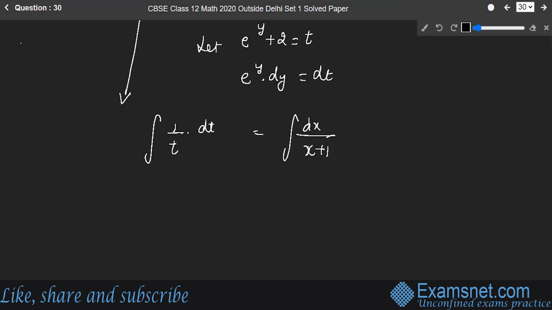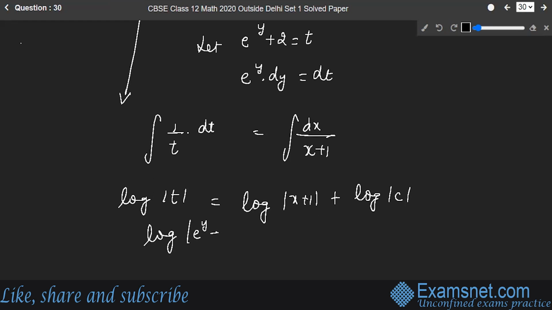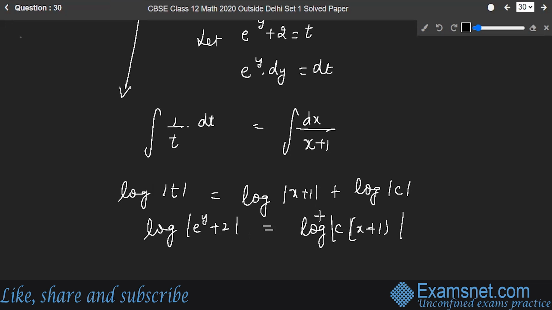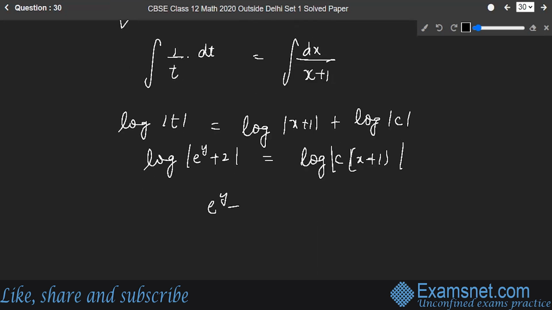So this is log t is equal to log x plus 1 plus log c, or log of e raised to power y plus 2 is equal to log of c into x plus 1 under the mod, right?